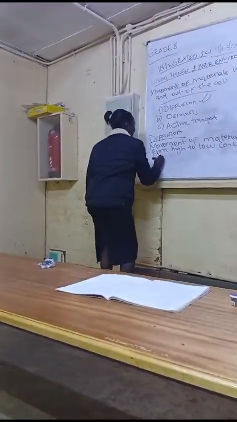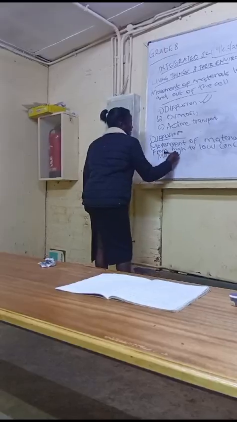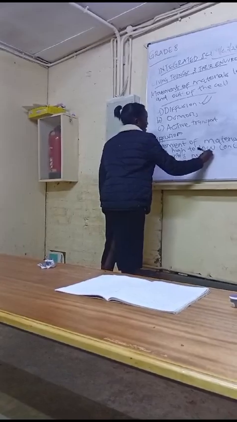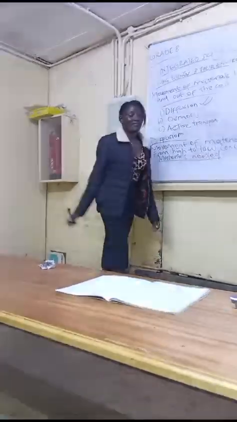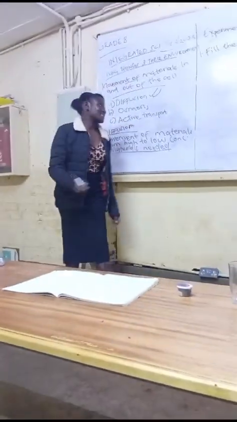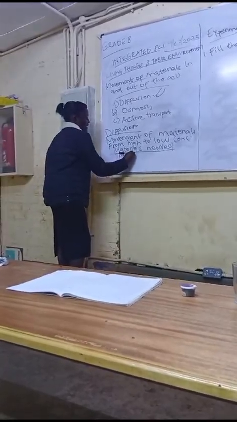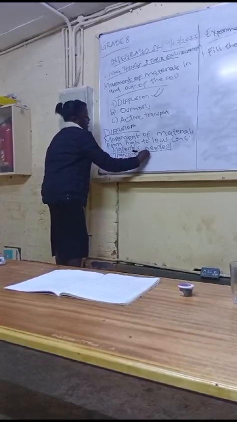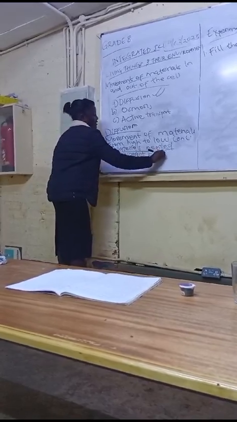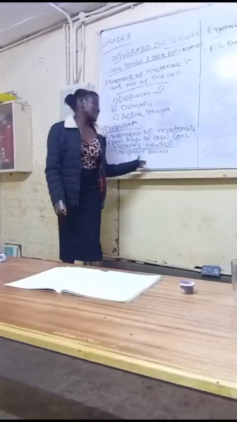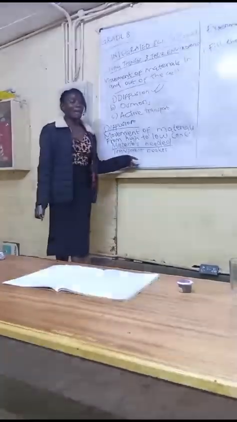Here we have the materials needed so that we can perform our experiment. The first material is a transparent beaker. Not a translucent or an opaque one. We want a transparent or a clear beaker.